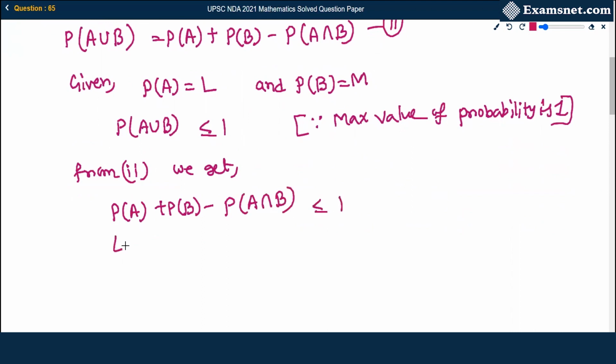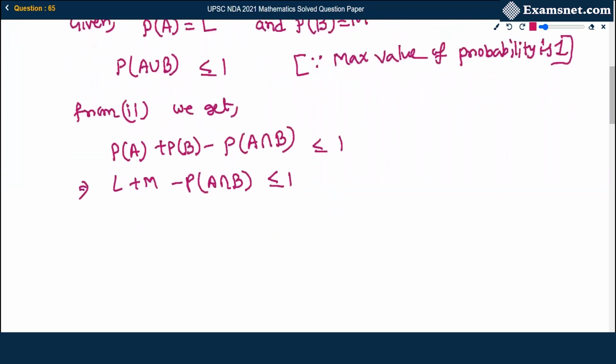We will put the values for L and M. Less than or equal to 1. So here P(A intersection B) is greater than or equal to L plus M minus 1.